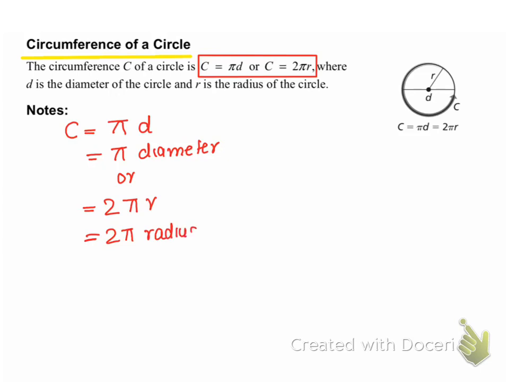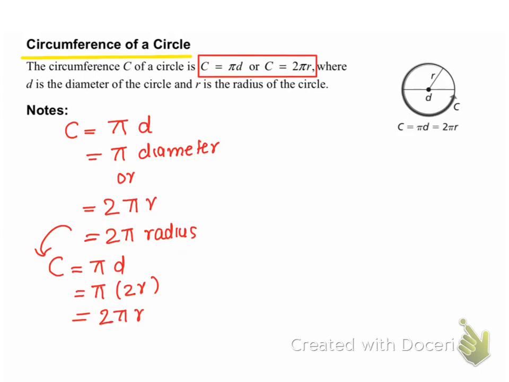And how do you get it? It's basically C equals pi d, and the diameter is twice the radius. When you rewrite it, it's 2 pi r. So that's the explanation, both are the same.